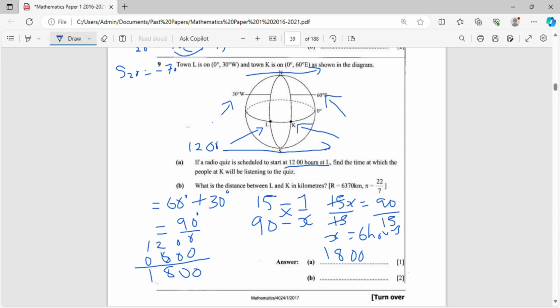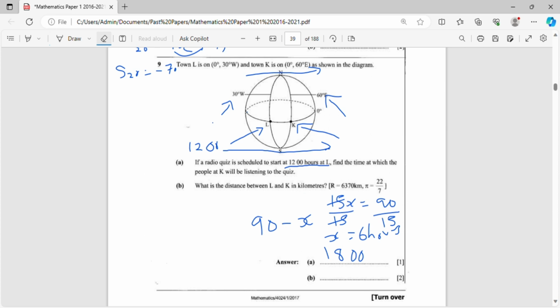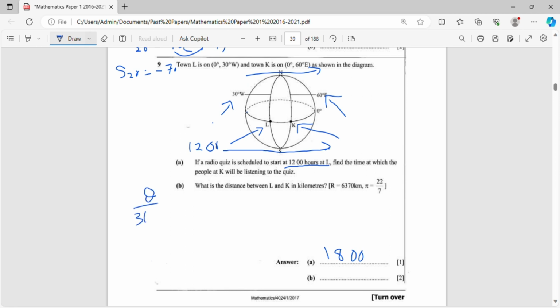So the next question asks us, what is the distance between L and K in kilometers? So for L and K, the formula for distance is theta over 360 multiplied by 2 pi r. Our theta here is the difference in longitudes, which we already found, which was 90 degrees.